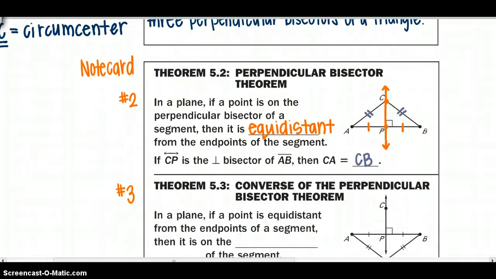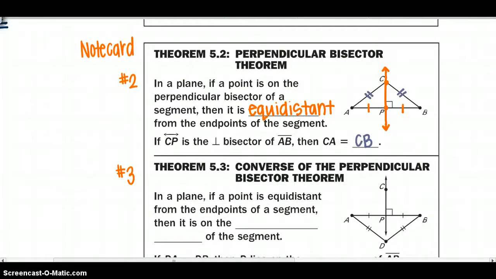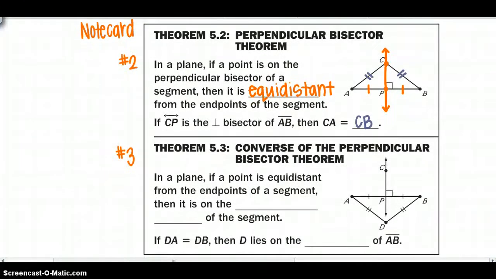The second theorem for this section, note card number 3, is theorem 5.3, the converse of the perpendicular bisector theorem. We're going to flip it. In a plane, if a point is equidistant from the endpoints of a segment, then it is on the perpendicular bisector of the segment.